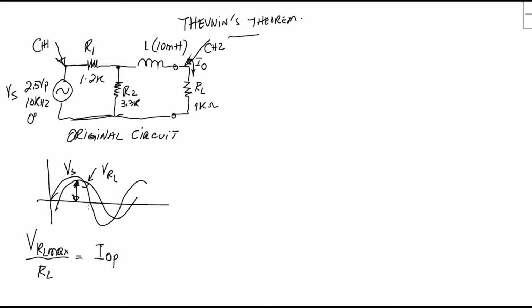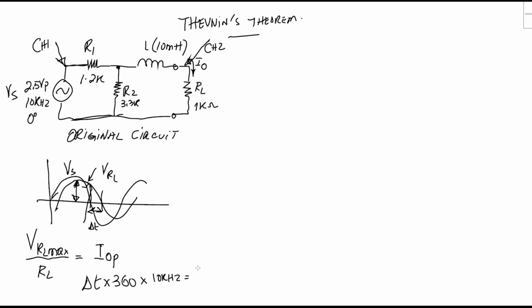Now to represent this current I in phasor form, we need to find the phase shift between those two signals. We can use the cursors here, and we can find delta t. That delta t will be the phase shift in microseconds, for example. We will multiply this by 360 and by our frequency, which is 10 kilohertz in our case.